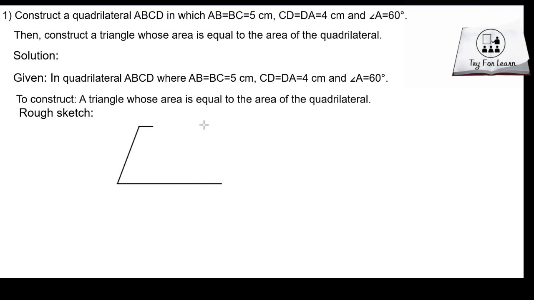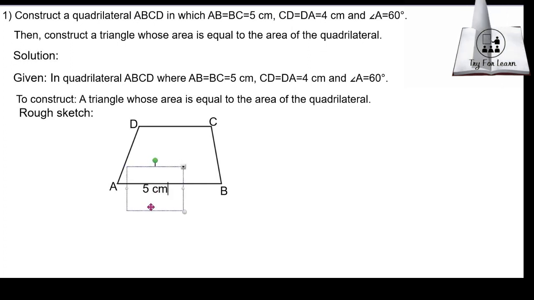Here, the name of the quadrilateral is ABCD, where AB equals BC equals 5 cm. AB is 5 cm, so write down 5 cm here. This AB is 5 cm, and also this BC is 5 cm. It doesn't matter, it is a rough sketch, so you don't need to measure. And also CD equals DA equals 4 cm.